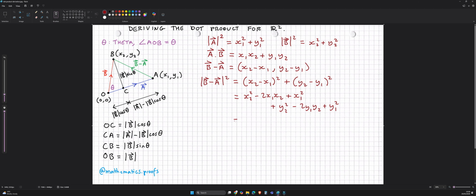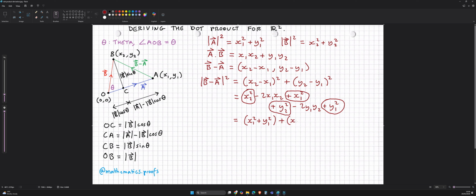If we reorganize further, we get x1 squared plus y1 squared. So let's put this down over here. x1 squared plus y1 squared plus x2 squared plus y2 squared.